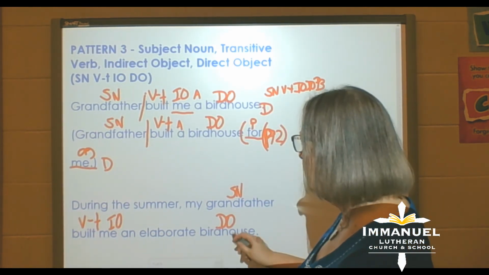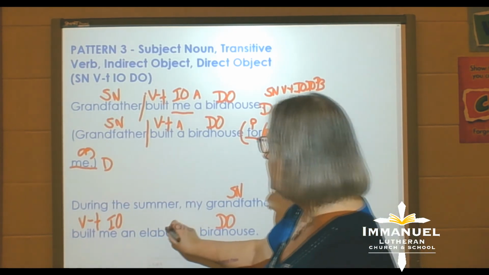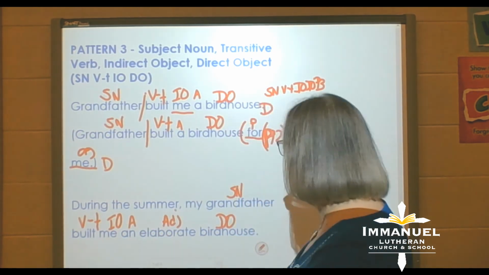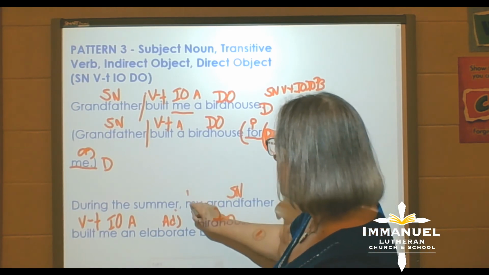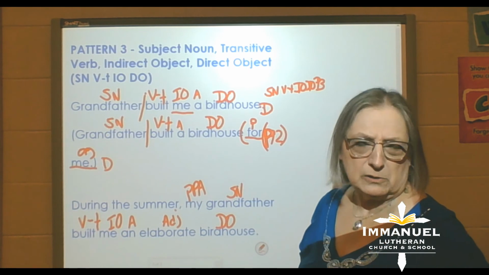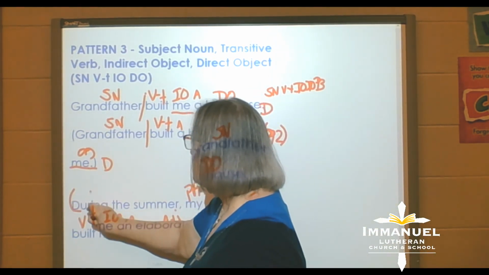Let's come back and finish it. What kind of birdhouse? Elaborate, adjective. An, article, adjective. Whose grandfather? My, possessive pronoun adjective. That's a special kind of adjective that you'll learn in grade 3 or 4. During, preposition.